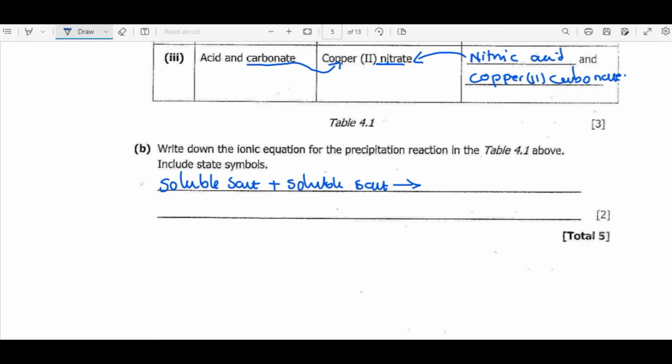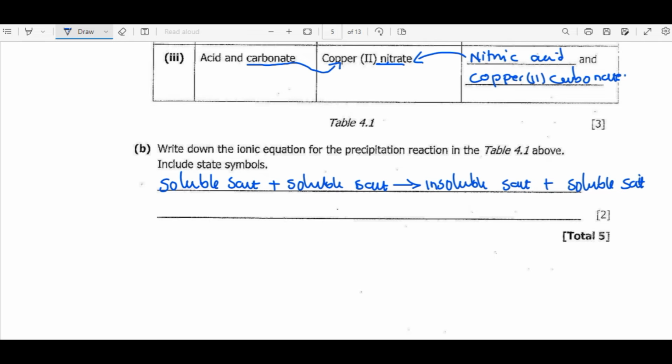Then you get the product, which is the insoluble salt, the one that you want, plus a soluble one. So for products, one must be soluble, then the other one must be insoluble. Why? So that during the filtration, the soluble will be filtered as the filtrate in form of solution in the collecting beaker, while the insoluble salt, which is our interest, must remain as residue on the filter paper.